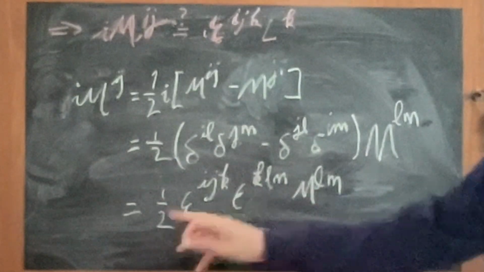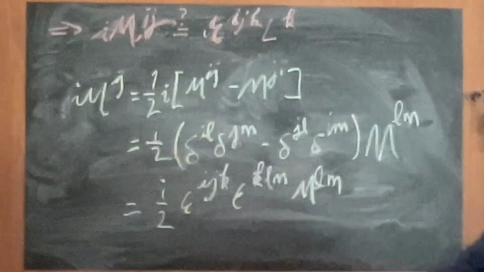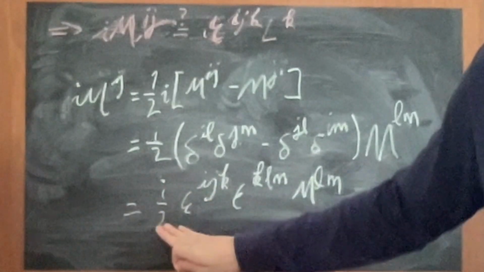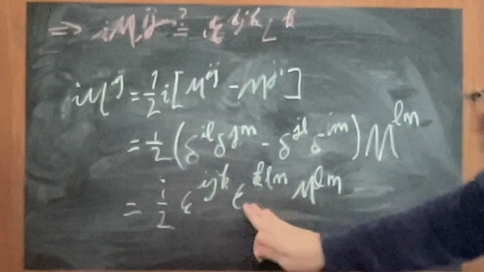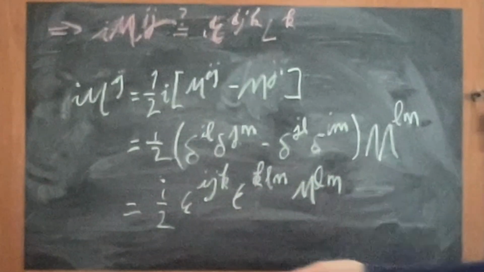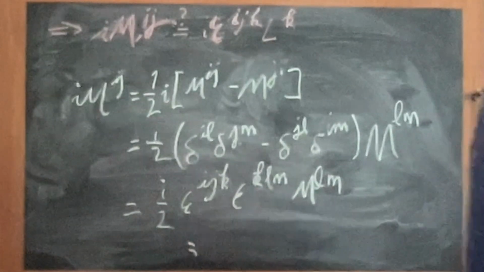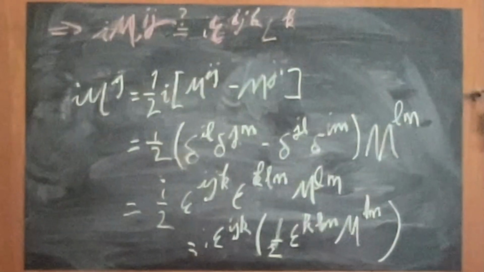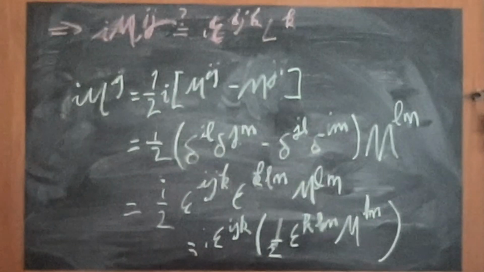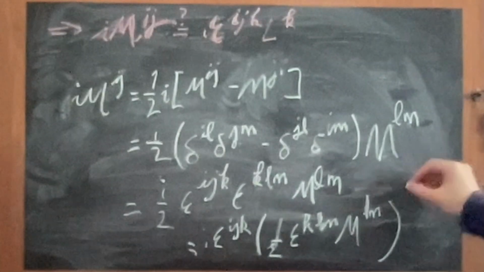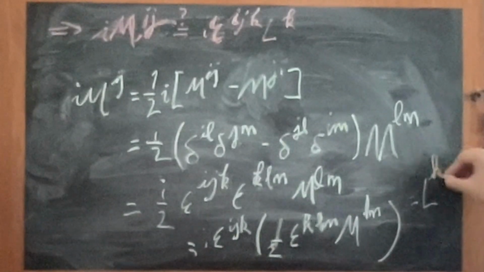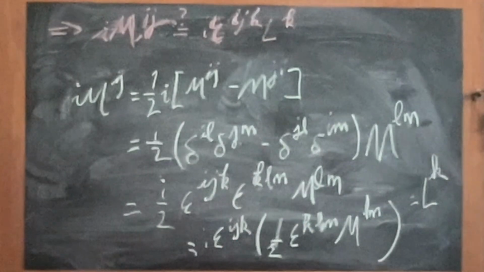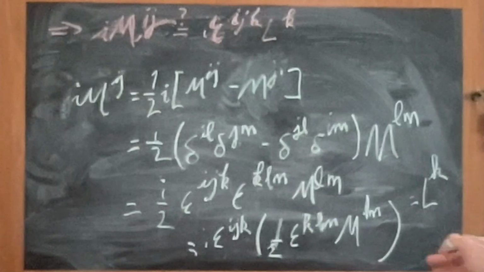And finally, you can take the half here, so you leave out the I, you take the half here, and you take this second epsilon, and you take this Lorentz group to create a term of this form in the bracket, and this is equal to lk, and you get your final right hand side, and so you prove the commutator.